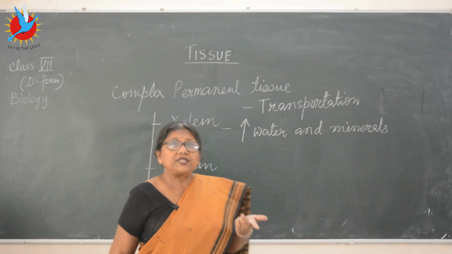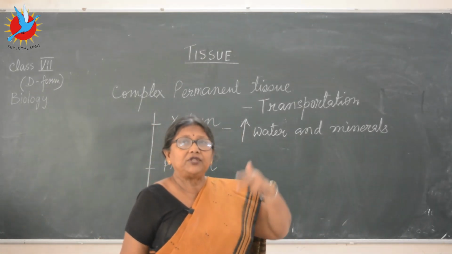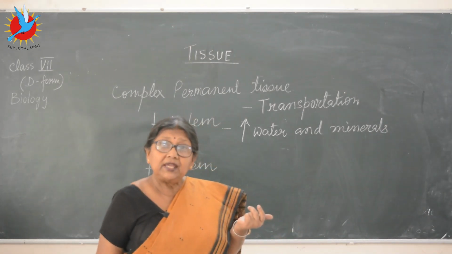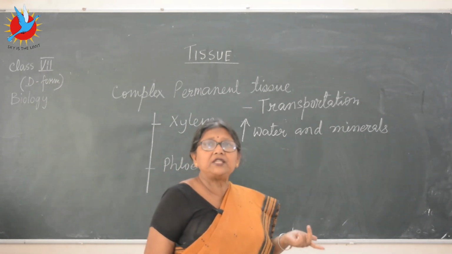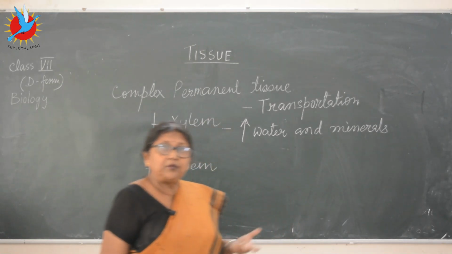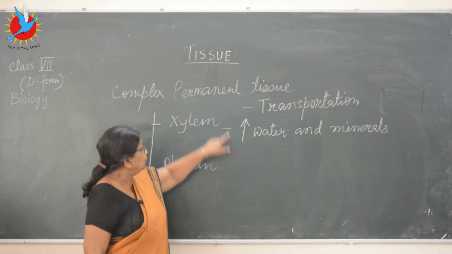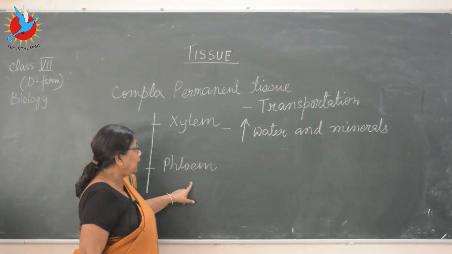Now, you know roots absorb the water. And from the roots, it will go to the stem. From the stem, it will be taken upward to the leaves. Why do they need water? Because with the water and minerals, what do the leaves do? They prepare food for the plant. So that water in the leaves is brought up from the roots to the leaves, brought up by which tissue? Xylem.